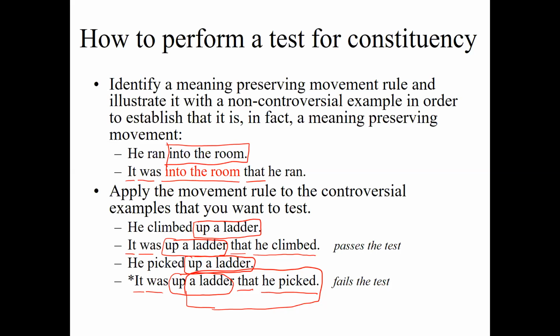We're going to preserve the original semantic roles. And can this sentence, "it was up a ladder that he picked," mean the same thing as "he picked up a ladder"?